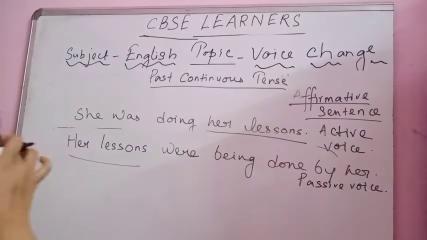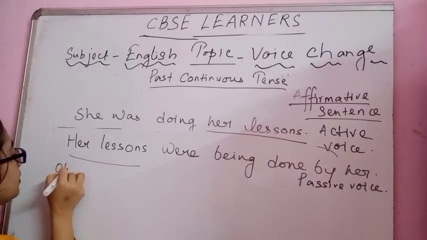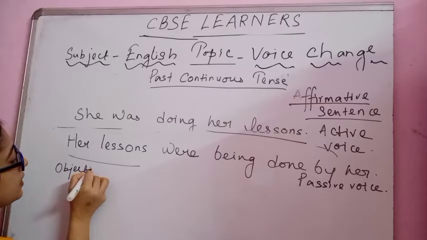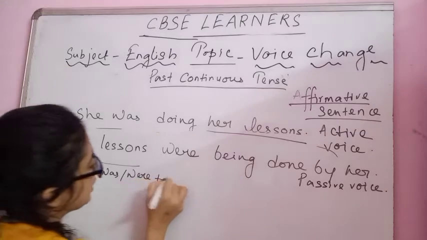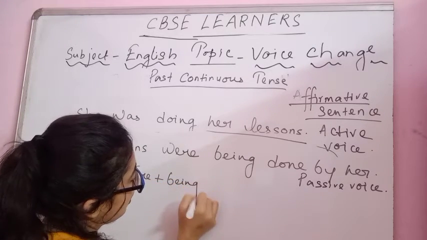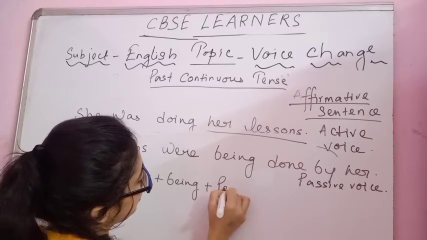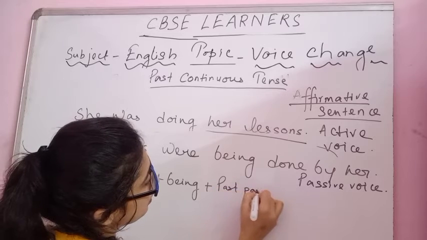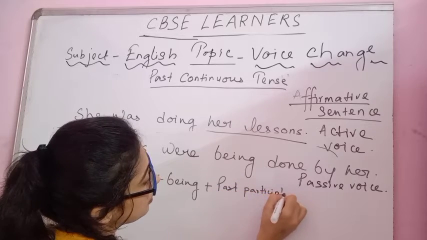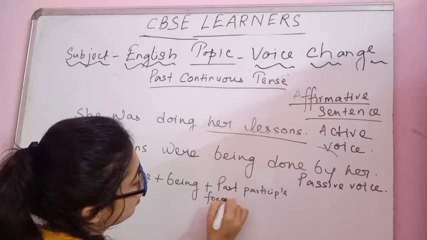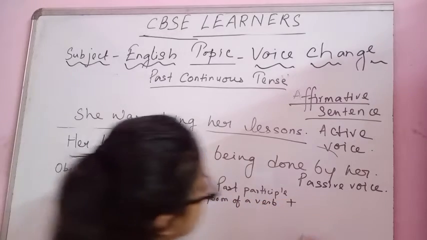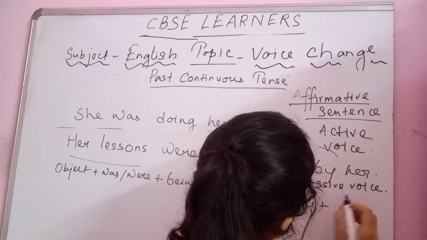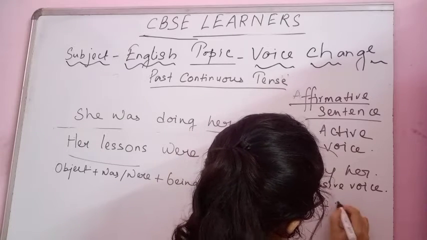Now what will be the formula? Object plus was or were plus being plus past participle form of verb plus by plus subject, not object.